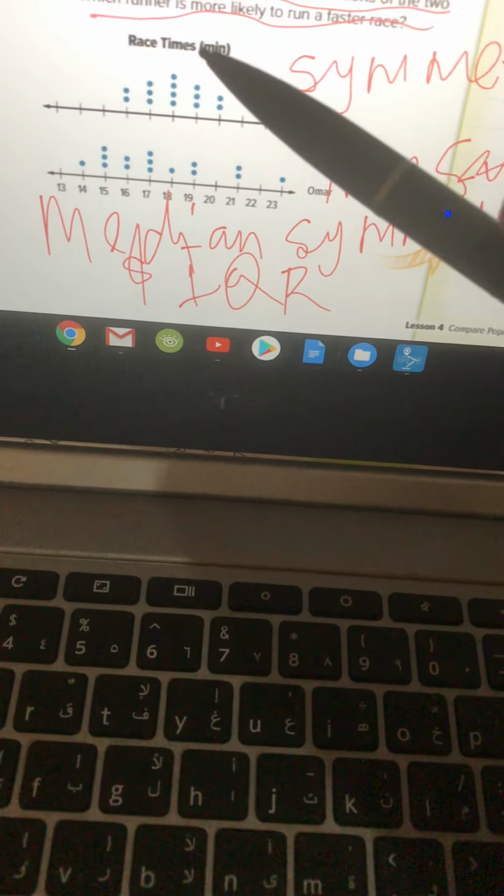If you look at Ali's data, it is around 16 and 19. So he will get a number between 16 and 19 all the time. Omar is running all kinds of numbers. Today he is running 14, tomorrow 15, another day 23. His numbers are all spread out widely, you see?